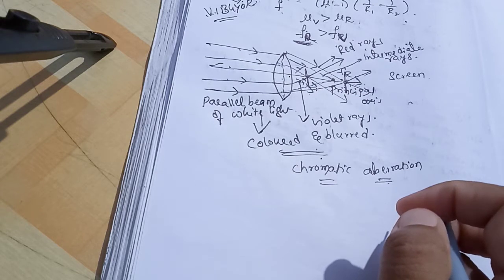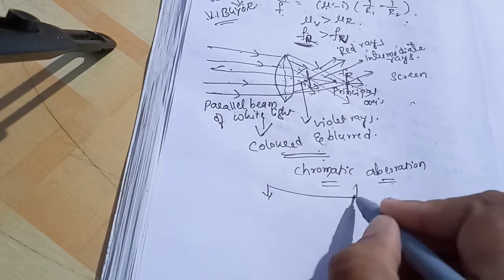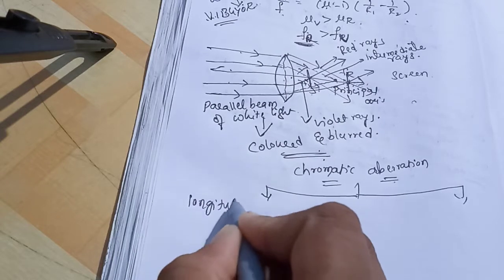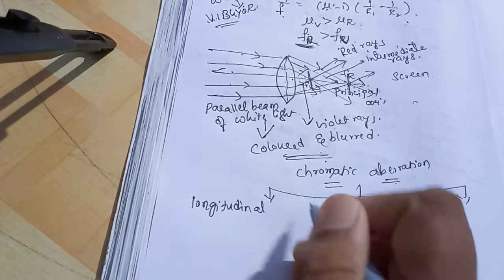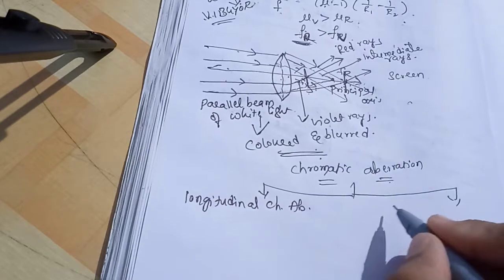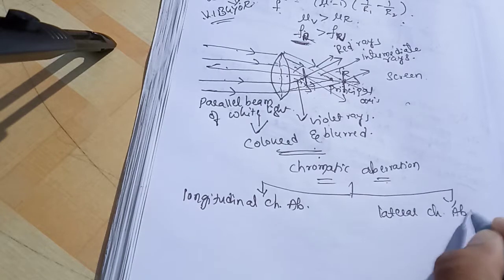That defect we call chromatic aberration. Chromatic aberration is of two types. One is longitudinal chromatic aberration. The other is lateral chromatic aberration.